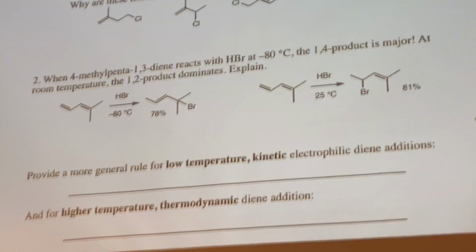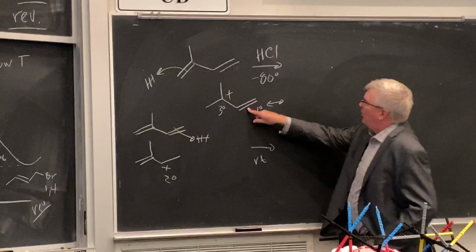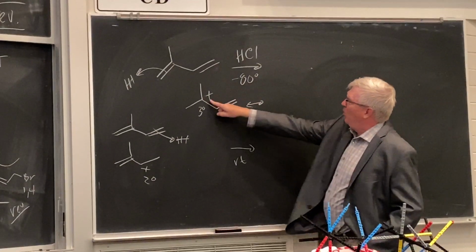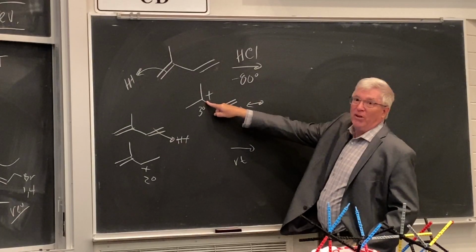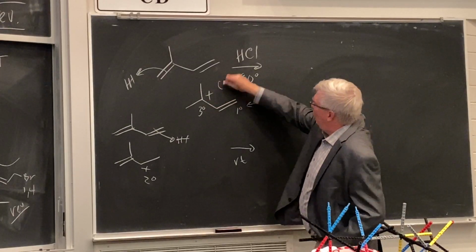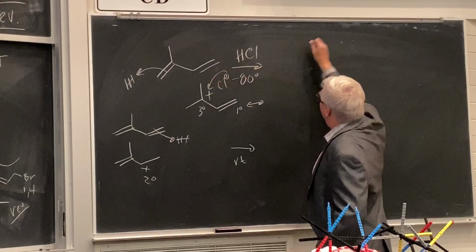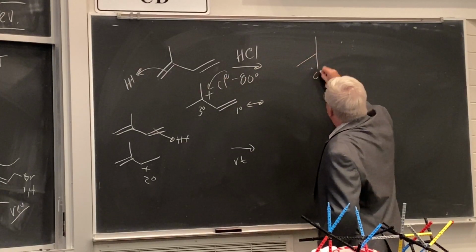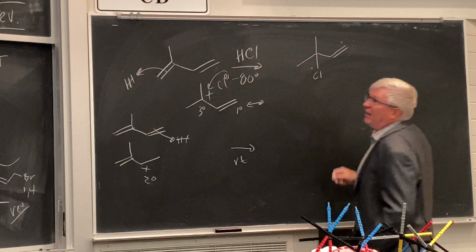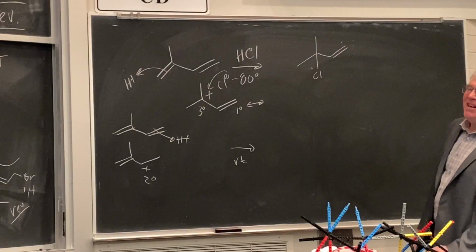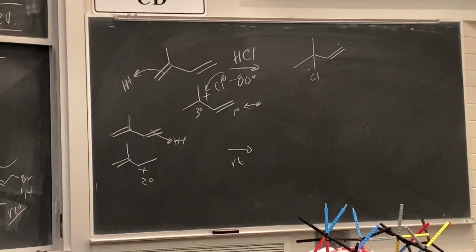Okay, we're back. And let's work through this problem 1 here on the board. So at low temperature, what do we have here? We have more positive charge at the more substituted spot here. So our chloride would just attack there. And what's our product? Yeah, that. And what's the yield there? It's 80%. What does it say on the overhead?